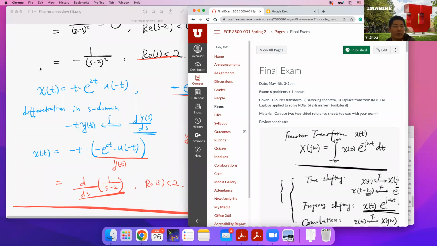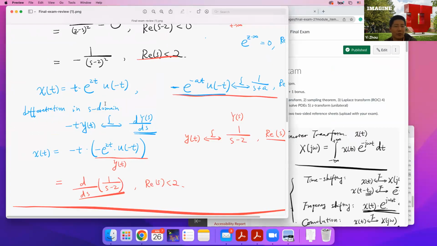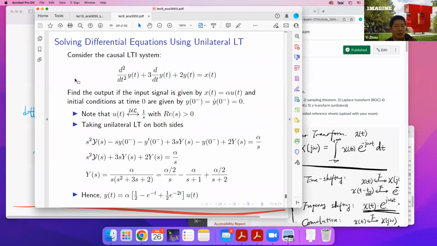So it's basically reviewing this review lecture and maybe lecture notes 9 and 10. And for the homework, you should also review the homework problems. This should be sufficient for the final exam.